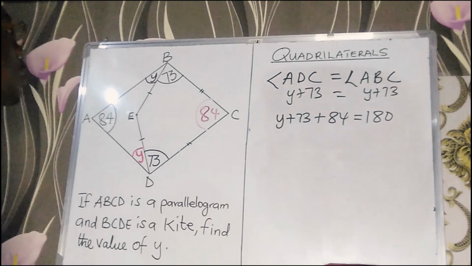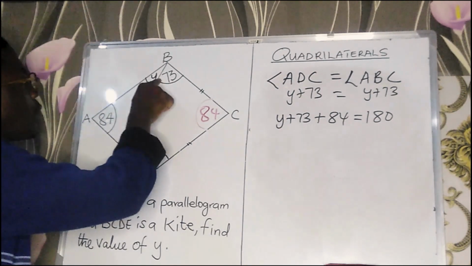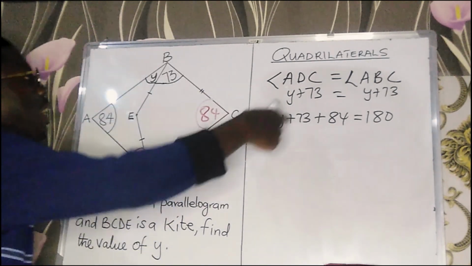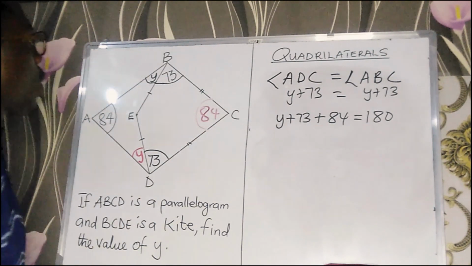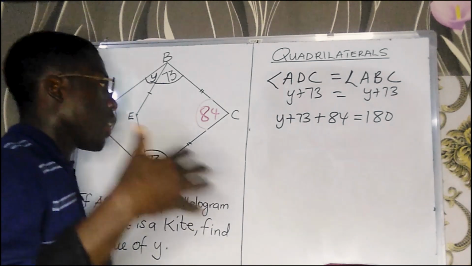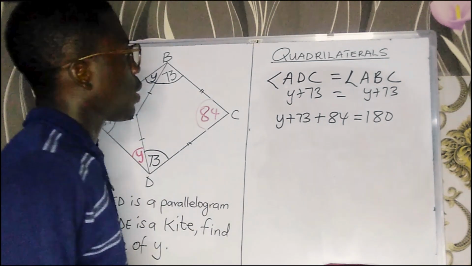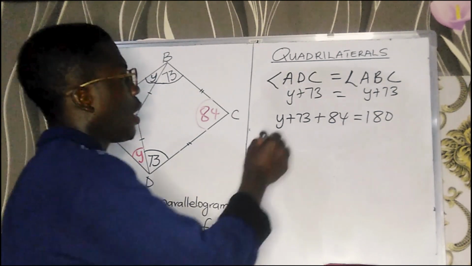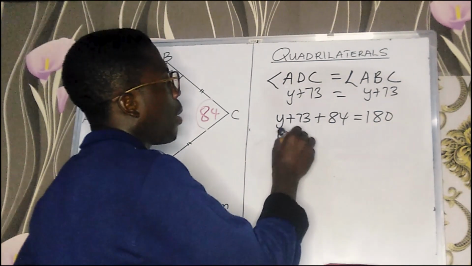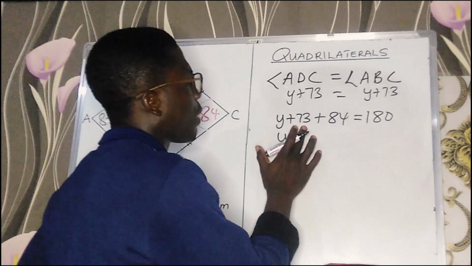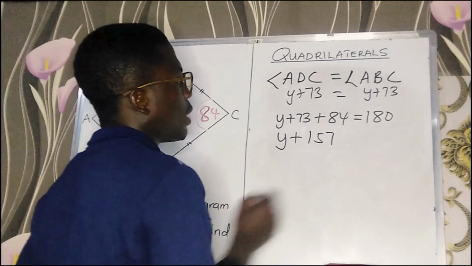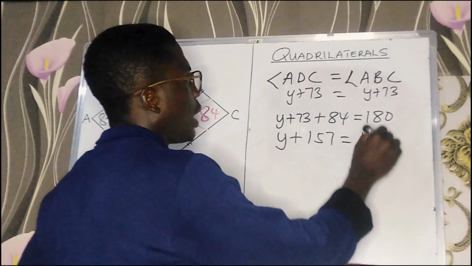As you can see on the board, the whole of this angle here plus this angle add up to 180 degrees because co-interior angles add up to 180. Good. Let's proceed. Now, our y plus 73 plus 84 will give us 157, which should be equal to 180.